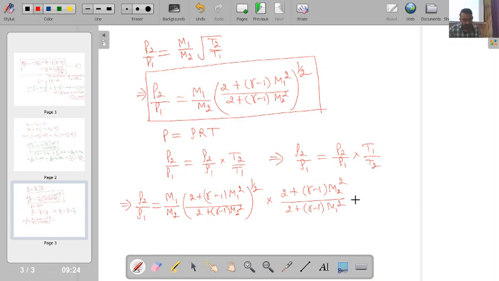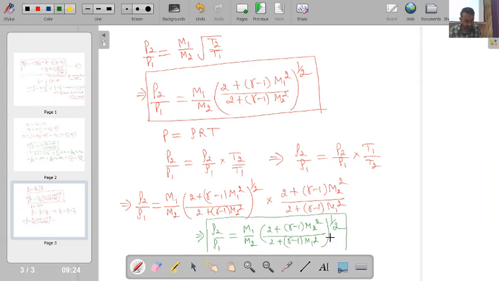Okay, so ultimately I will get that rho 2 by rho 1 will be equal to M1 by M2 times 2 plus gamma minus 1 M2 square over 2 plus gamma minus 1 M1 square, whole power 1 by 2. So from here I have obtained the ratio of density as well.